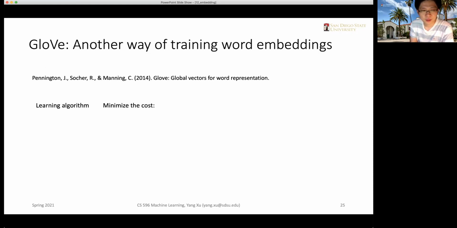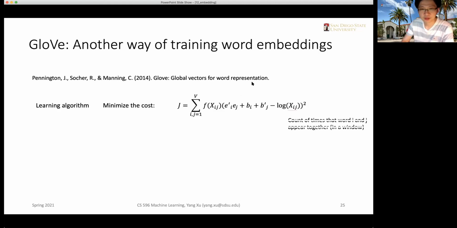Because the idea is that it wants to learn the word embeddings that minimize the cost, okay? And the cost is constructed in this way. If we look at each term of it, the capital Xij is actually the count of times that words i and j appear together in a window, right?